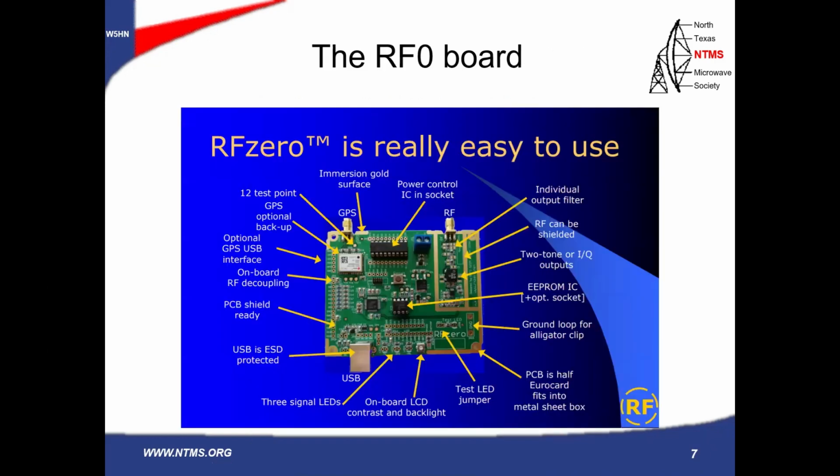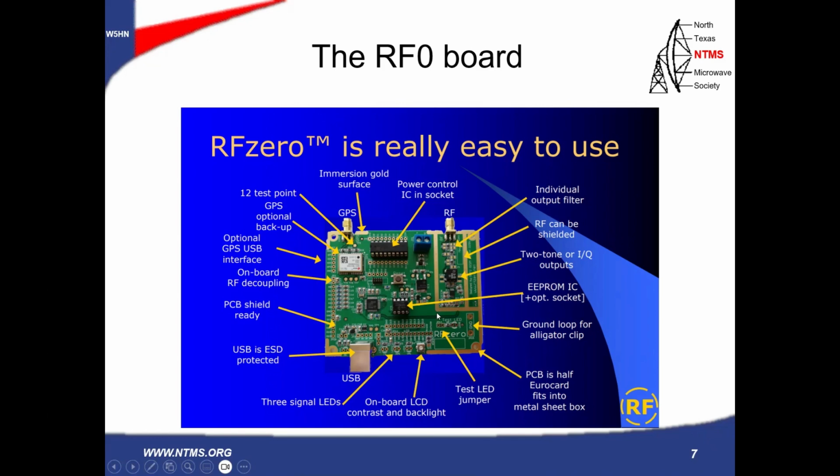Here's a clip out of their PowerPoint presentation. So you start up here in the upper left with the GPS coming in, and this is the IC that's in the socket that does the inductive power changes.